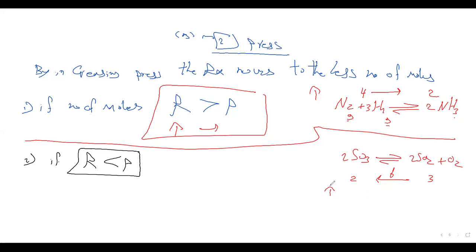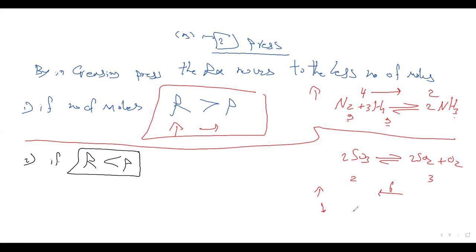If we are lowering, it moves from 2 to 3. So we have two cases. If we're increasing the pressure, it moves from high to low, moves backwards.